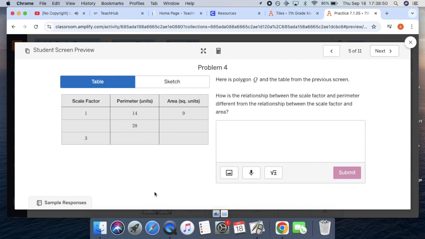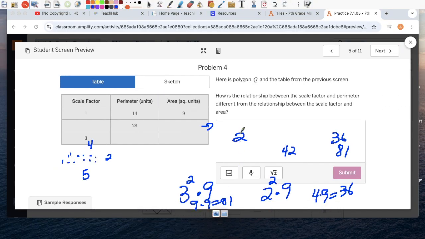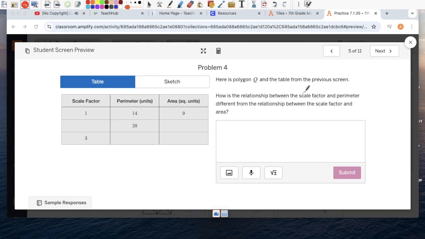Five. How is the relationship between the scale factor and perimeter different from the relationship between the scale factor and the area? Well, let me fill in some numbers. 2, this was 42, this was 36, and this was 81. To get the perimeter, all you've got to do is multiply. 2 times 14 gives you 28. 3 times 14 gives us 42.